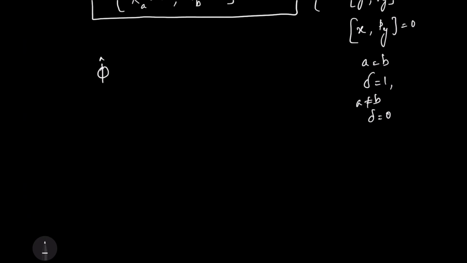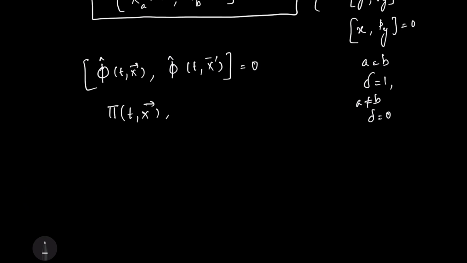For example, phi(t,x) and phi(t,x') commute, so the commutator will be 0. Similarly, pi(t,x) and pi(t,x'), where pi is an operator, will also be 0.